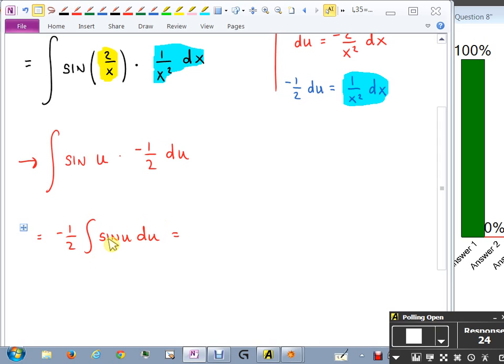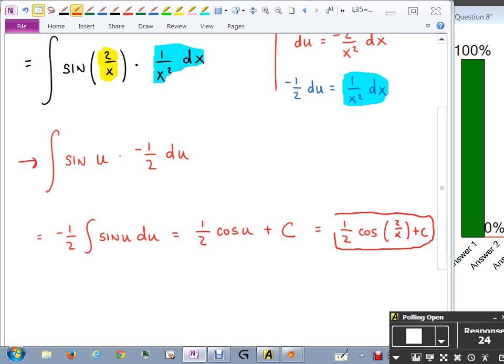So when I make this a negative cosine u here, and then I hit it with a negative 1/2, the negative and negative becomes positive, and so I get plus 1/2 cosine u plus a constant. And then final step, substitute in the u. U is 2 over x, and we're there. We could always check, right? Box it up, and we move on.